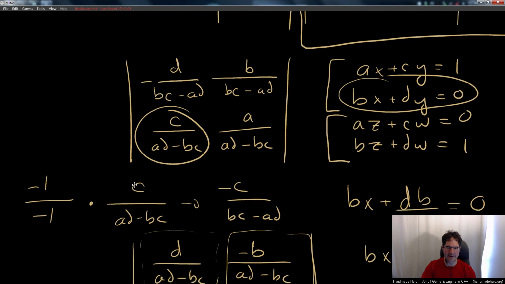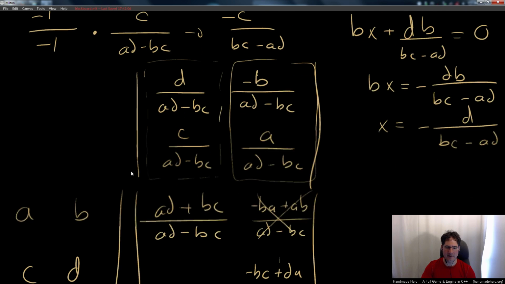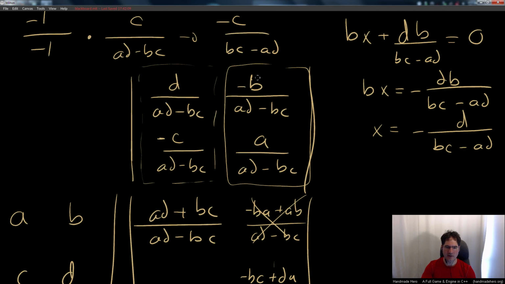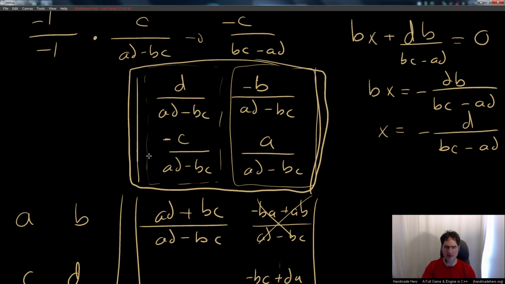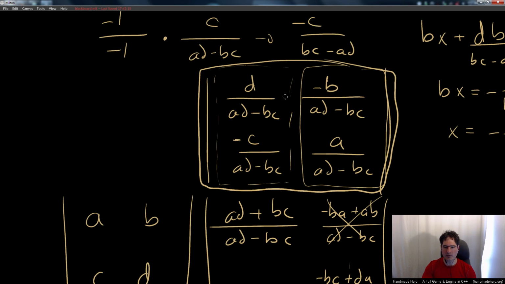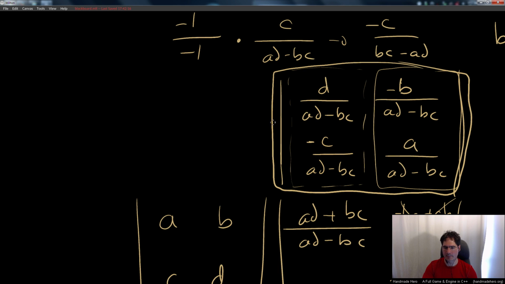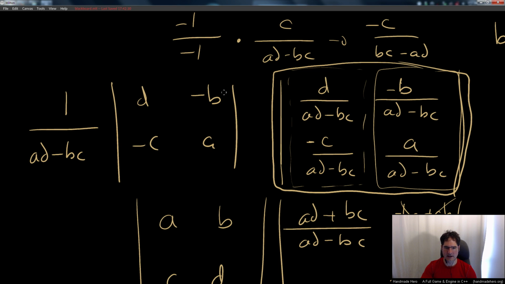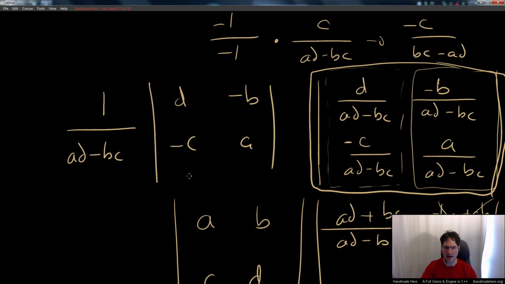But that tells us what we needed to know. And now we have finished inverting our matrix. So we actually have our matrix here, and we can write this in a pretty compact way if we want to. We could really just say this is 1 over AD minus BC, and the elements are just D, negative B, negative C, A, right?